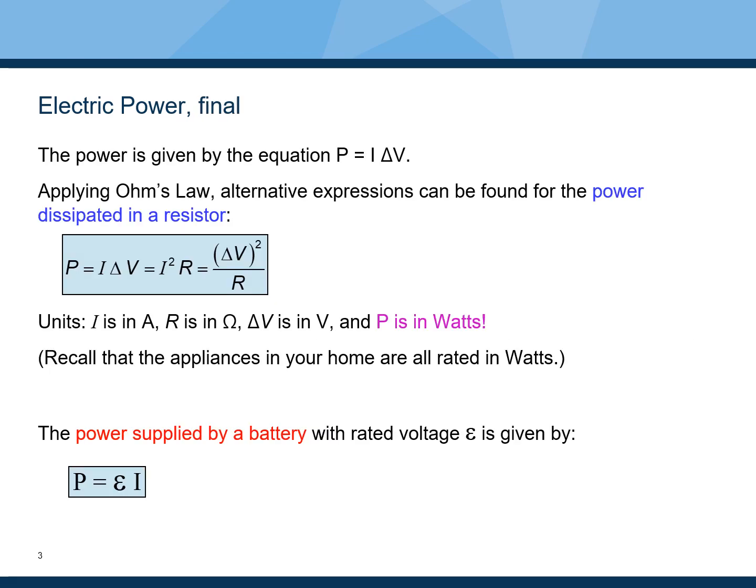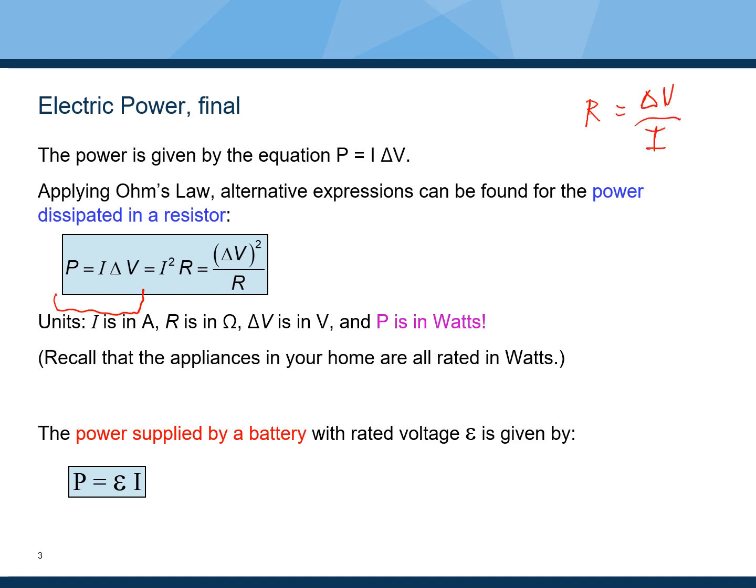So we've already seen that the power dissipated in a resistor is just equal to I times delta V, but we know that R, the resistance, is equal to the voltage divided by the current.